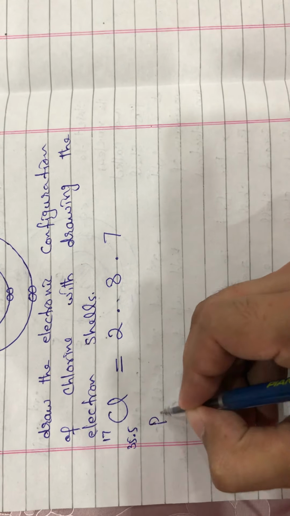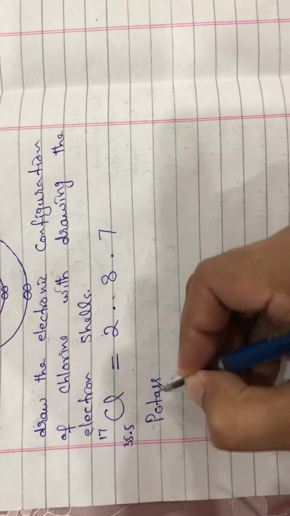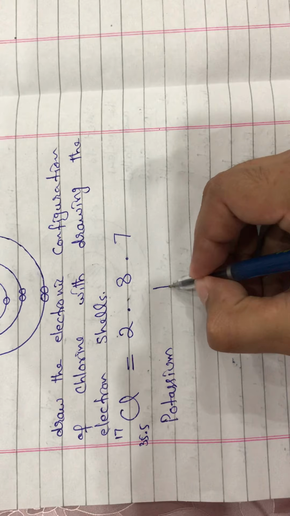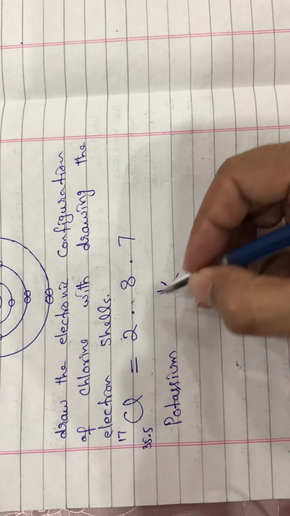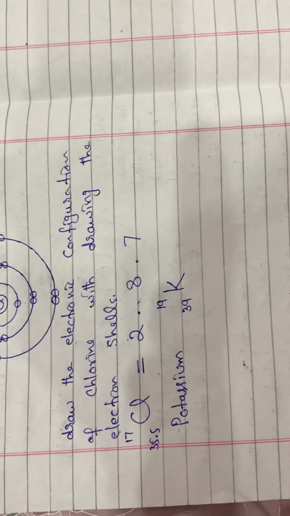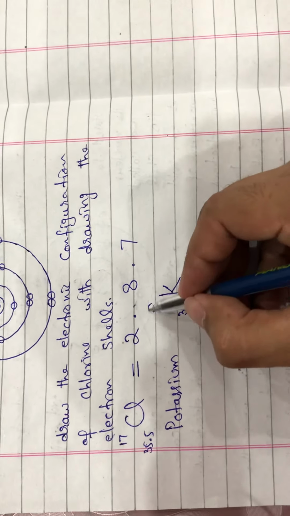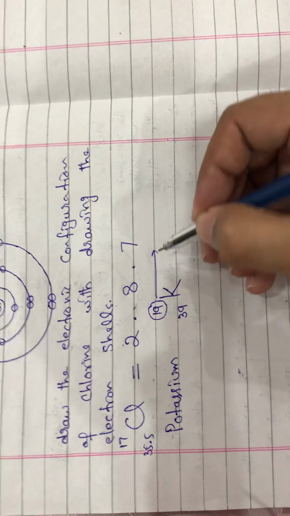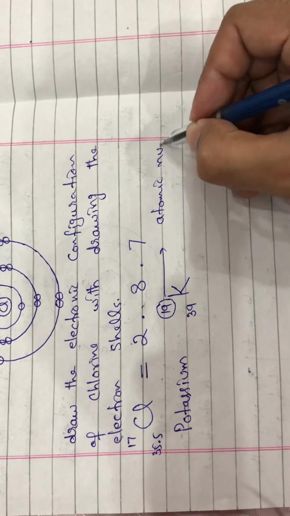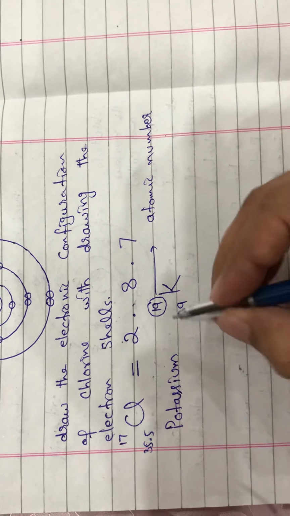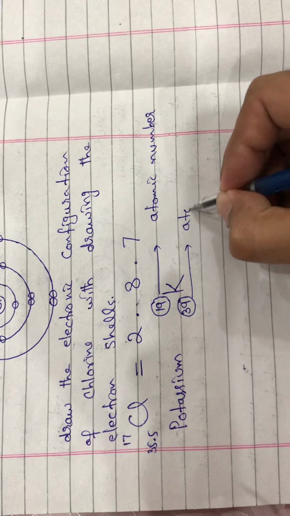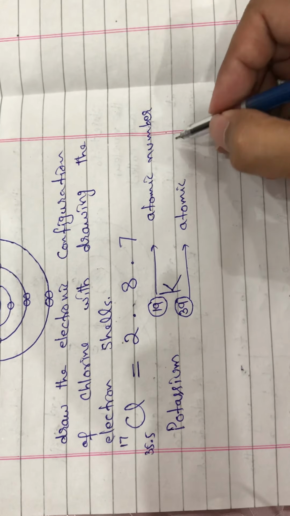Potassium atom has atomic number 19 and its atomic mass is 39. This is atomic number, and this one is atomic mass.